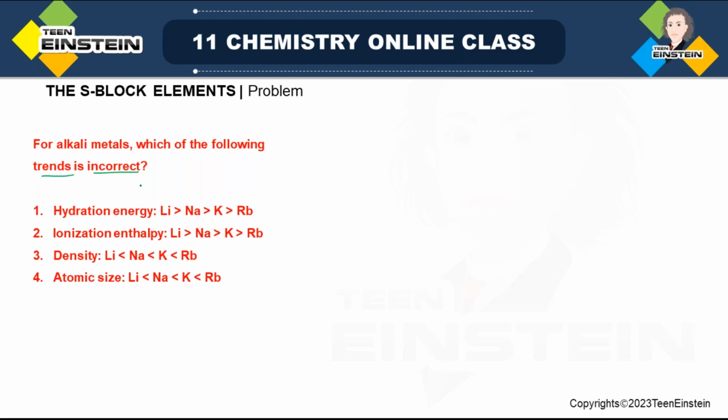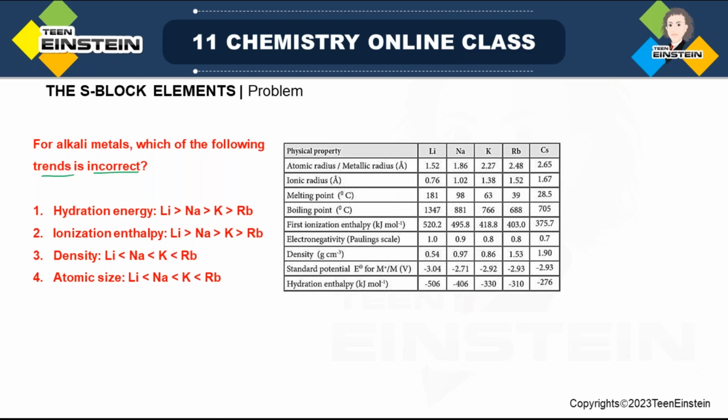Now these properties, that is physical properties and atomic properties, we finished in the last class. Remember, we saw this type of table in the last class, which will help you answer all these questions, which are based not just on physical properties but also on some atomic properties such as ionization enthalpy or electronegativity.